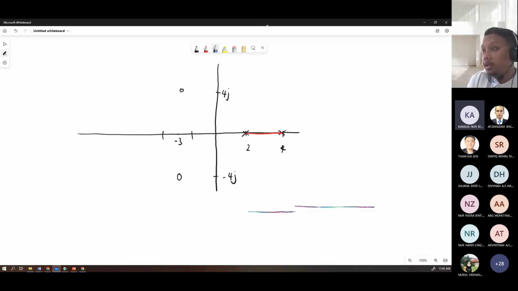And then from minus 3 until 2, you have 2 poles, meaning that it's an even number. There will be no root locus here. And from here until negative infinity, you have 2 poles and 2 zeros. So there will be no root locus on this real axis. So the root locus exists in between 2 and 4 here.